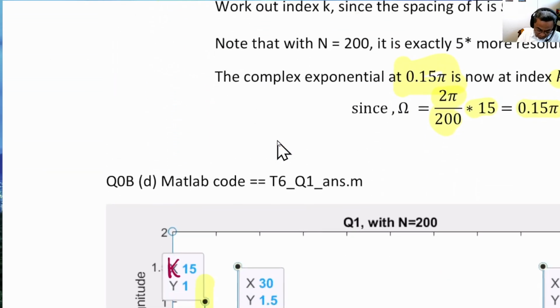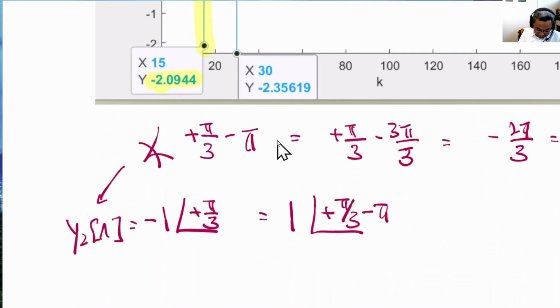We're going to write this as this notation here, where minus 1 with the phase shift of plus pi over 3, of course with the 0.15 pi n. Now we're going to move the minus into the phase, so it'll be 1 with phase pi over 3 minus pi.